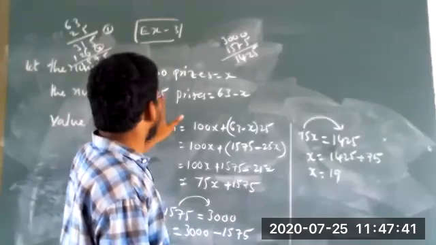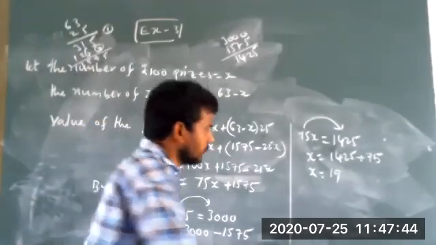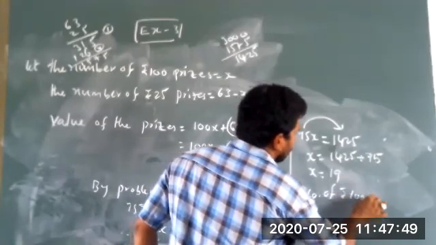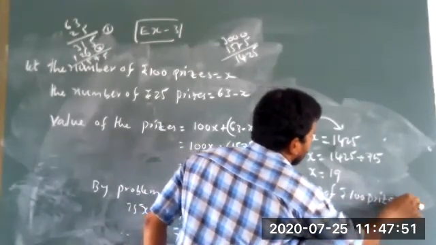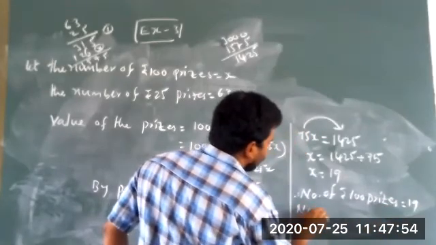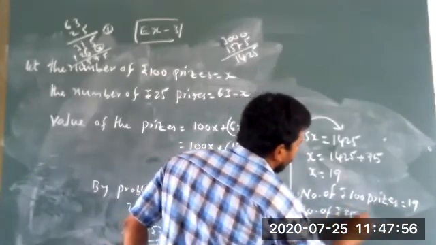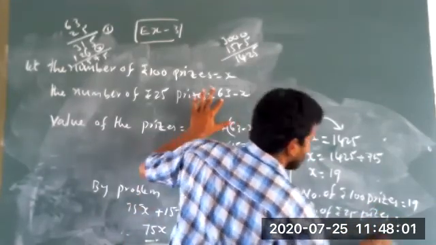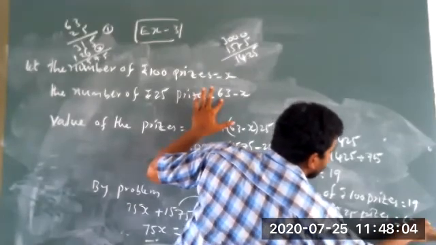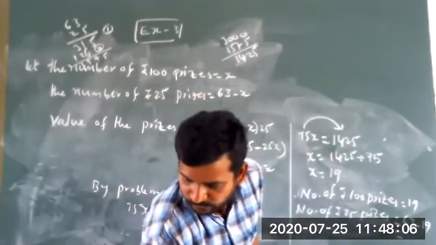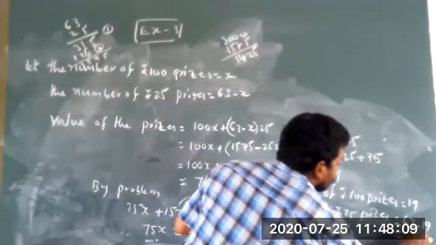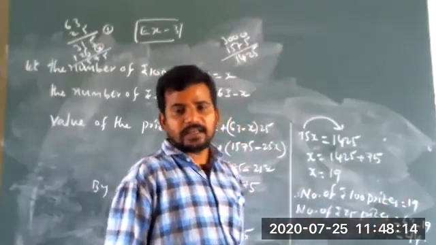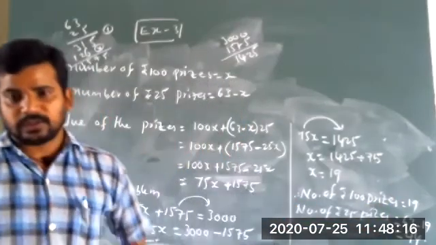The number of 25 rupees prizes is equal to 63 minus x. That means 63 minus 19, we get 44. Number of 100 rupees prizes is 19, and number of 25 rupees prizes is 44.